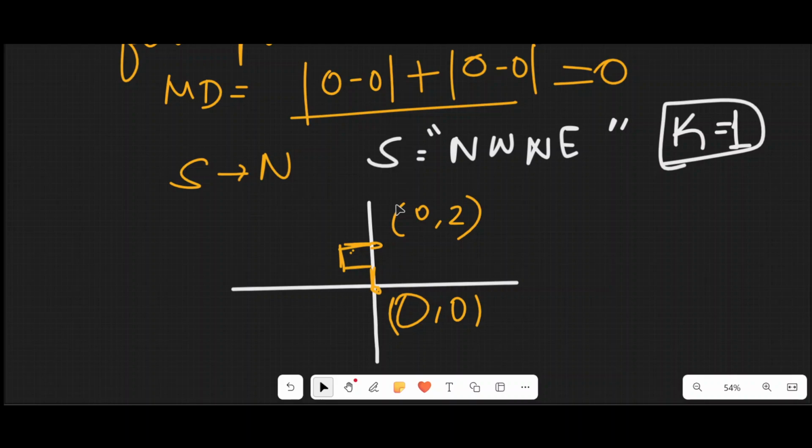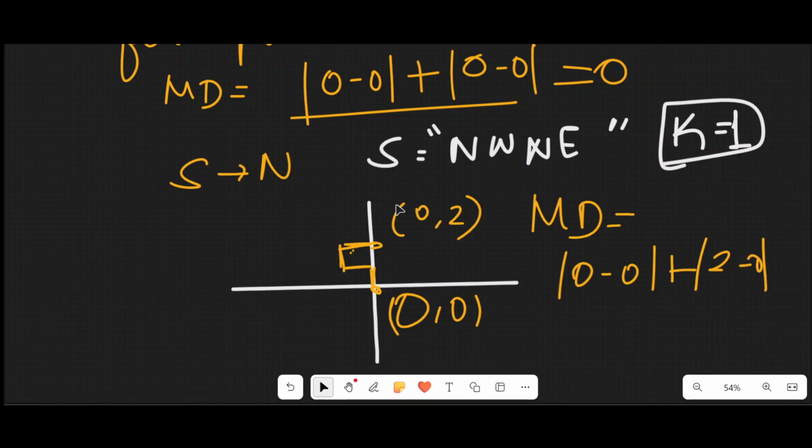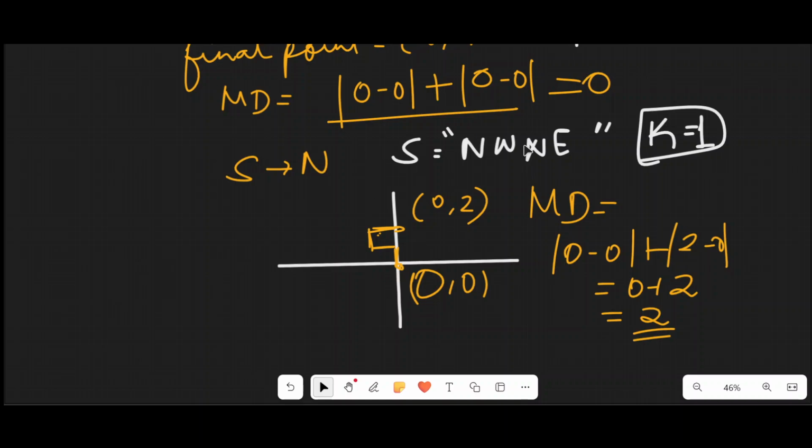So if you calculate the Manhattan distance of this particular string now, you shall find that the absolute difference of 0 minus 0 plus the absolute difference of 2 minus 0, which will be equal to 0 plus 2, and that will be 2, right? But this is like the final Manhattan distance.